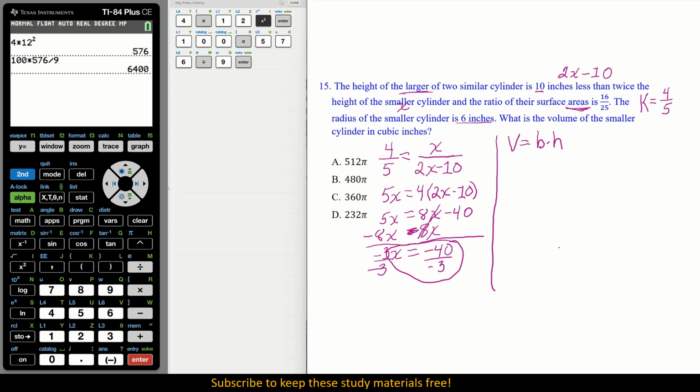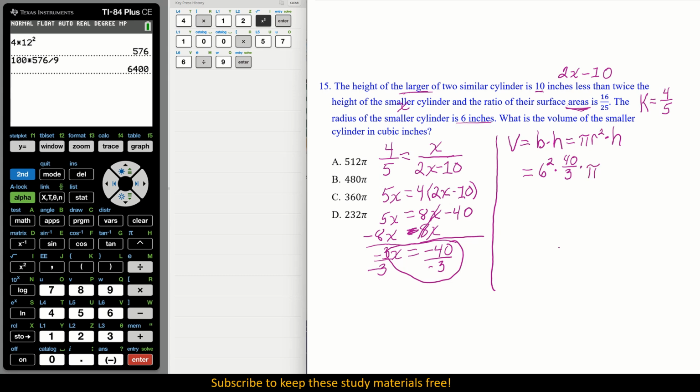It's okay because we know that the base of a cylinder is a circle, and that is pi r squared. And then whatever that height is, okay? So for us, that means we have the radius of 6, so 6 squared. And now we know that the height is 40 over 3. And then we have pi hanging on at the end.